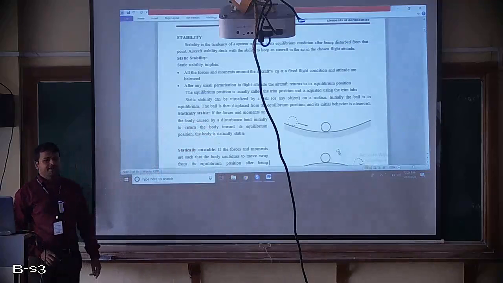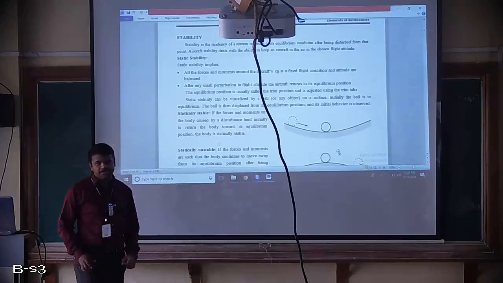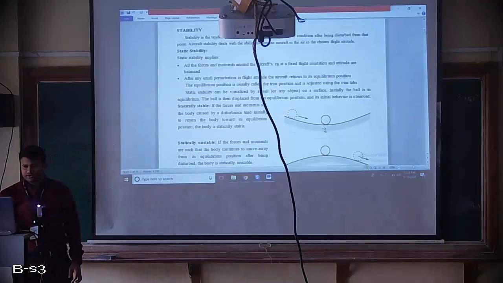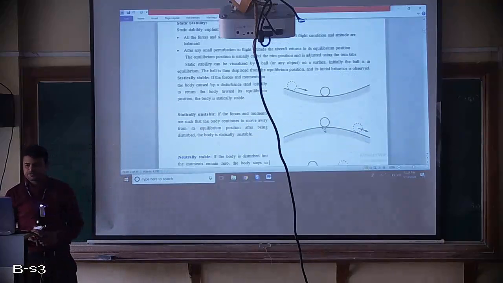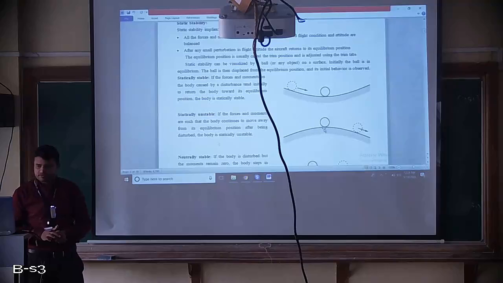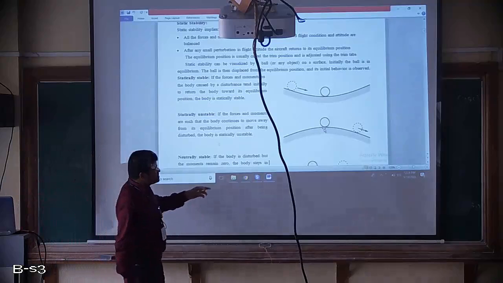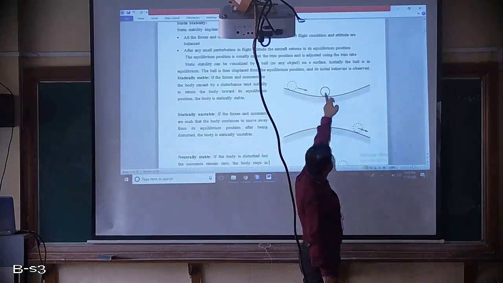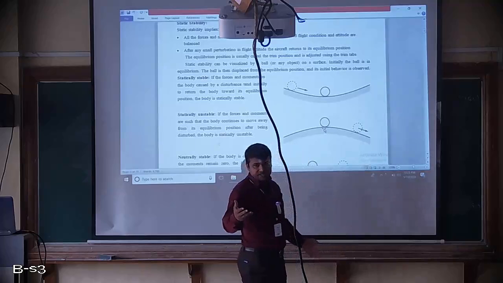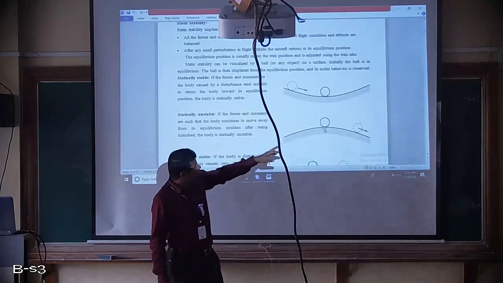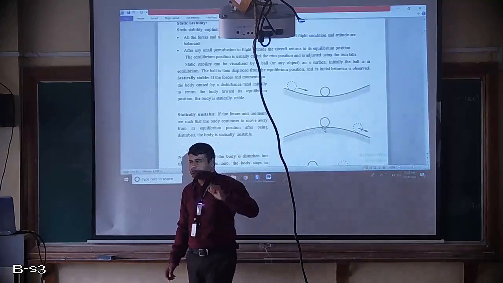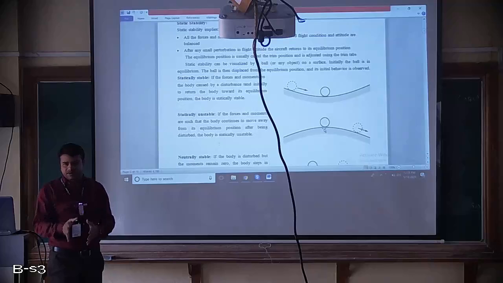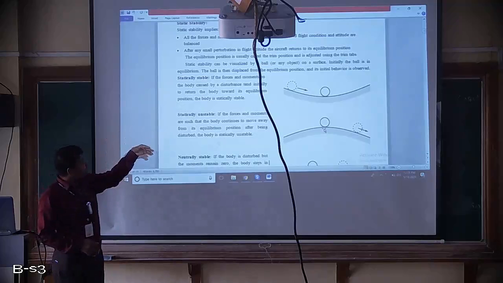Here we have taken a small example of a ball which is lying in a curvature. Now let us say if I apply force on this ball, what will happen? It will just move like this. After some time, by its own, it will come back to its original position where it was before. That's called as positive static stability, or statically stable.